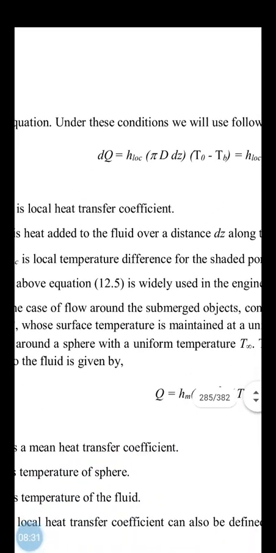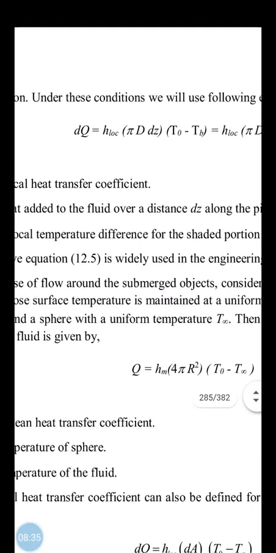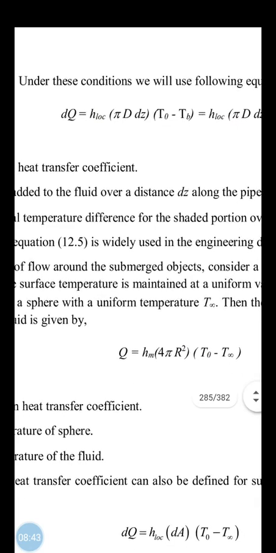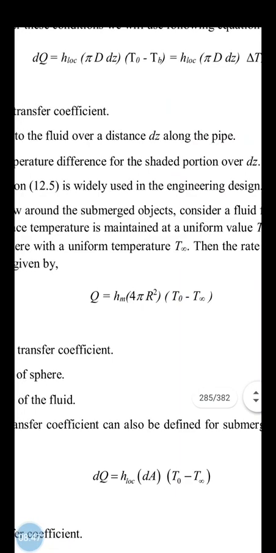Finally, in case of flow around a submerged object, meaning a solid sphere at higher temperature immersed into the fluid and heat transfer taking place, the heat transfer is found by the equation Q is equal to hm, that is the mean heat transfer coefficient, times 4 pi r square, because it is a sphere, times (T0 minus T infinity).